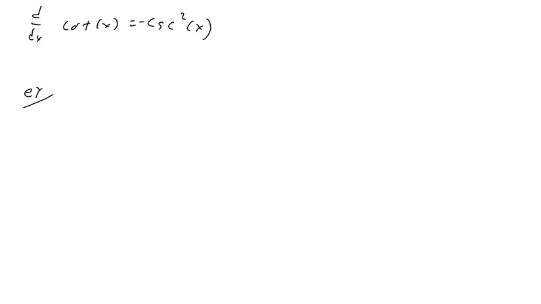I need the chain rule. My outside of this function is the sine part. The sine here, this whole sine function, is my outside. The sine of this 3x squared. And this 3x squared part is going to be my inside.